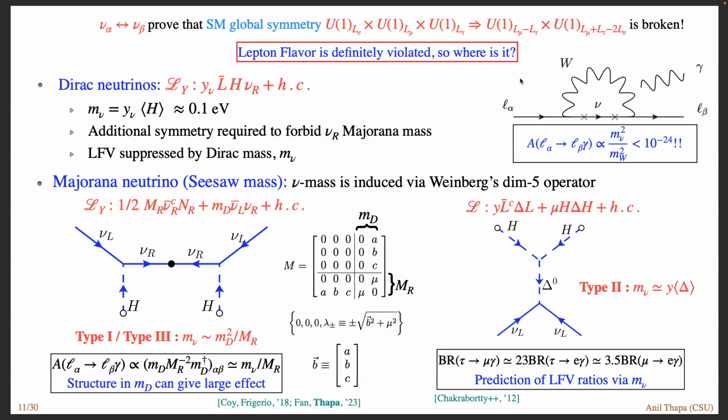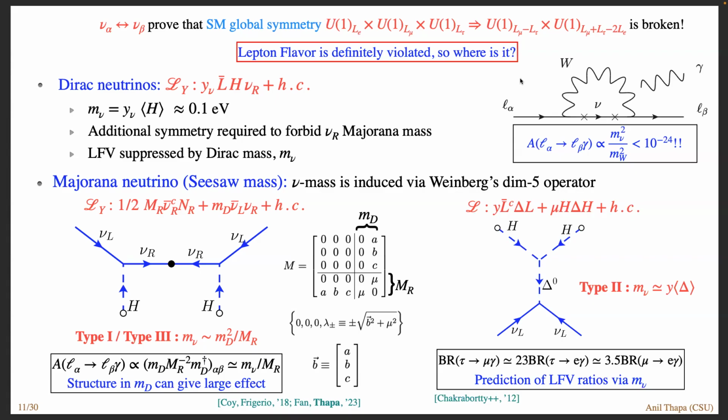This is how we do it for type 1 and type 3. What about type 2? In type 2, you introduce a scalar field. This is another topology for generating neutrino mass at tree level from the dimension 5 operator. The neutrino mass is proportional to Y, the Yukawa coupling, times the induced vacuum expectation value of this triplet field. As you can see, the neutrino mass is directly proportional to the Yukawa structure.